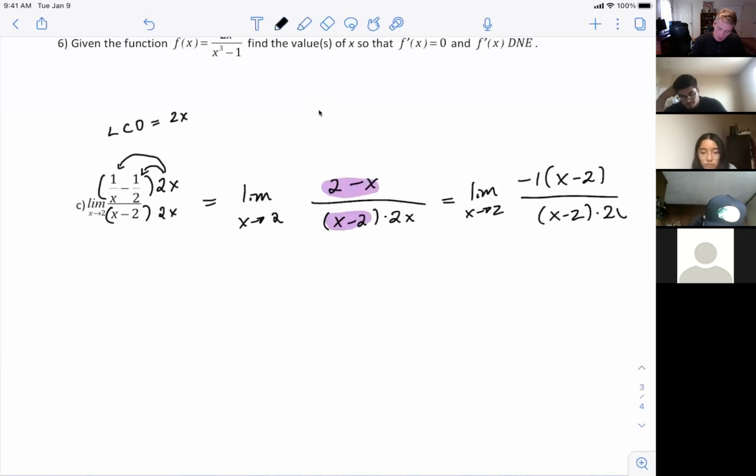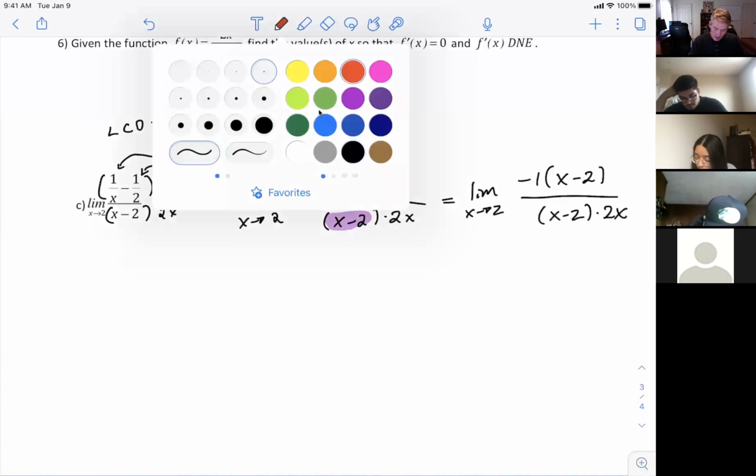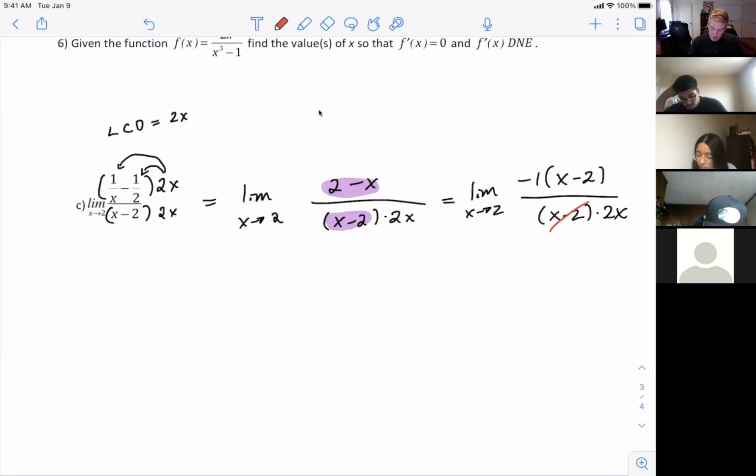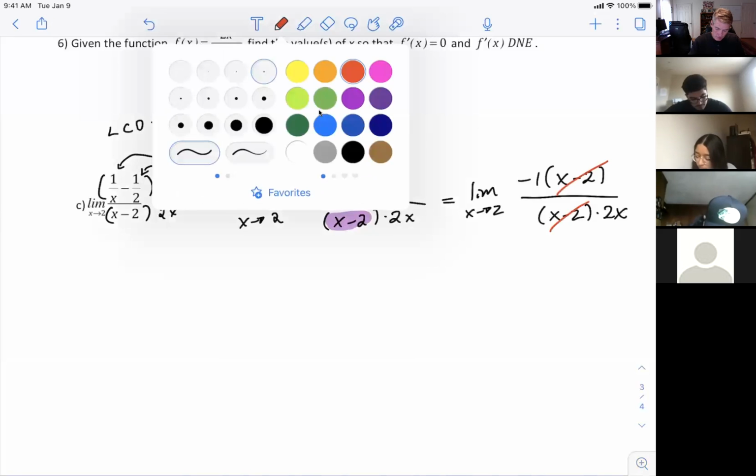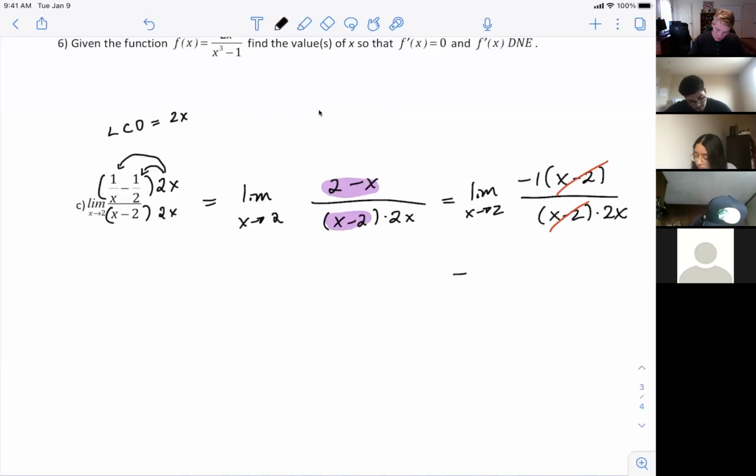Then just copy down the bottom part again. And now that it's x minus 2 and x minus 2, those two can cancel. And after that, there's no more division by 0. So when you plug in the 2 for that 2x, then it's going to leave negative 1/4.